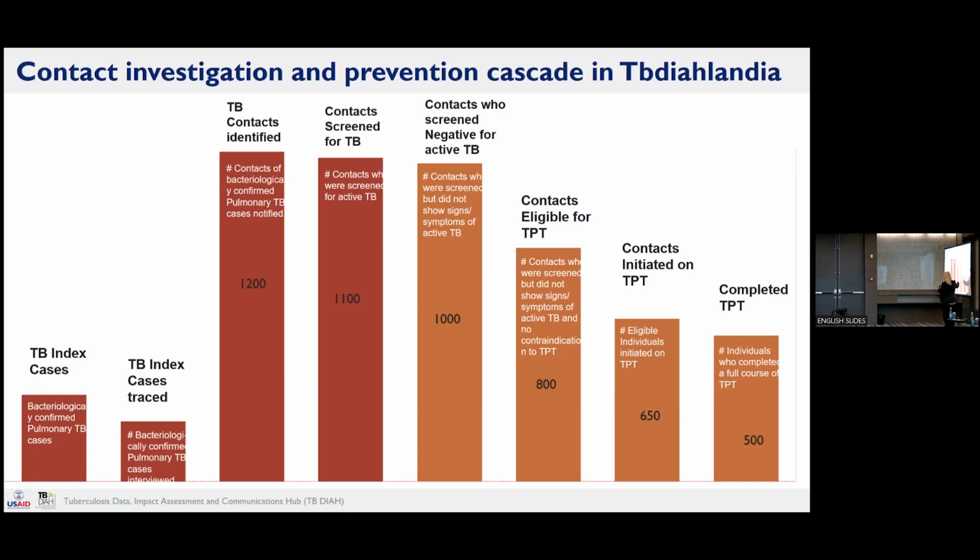So out of these 1,000 contacts without TB, 800 contacts were suggested for preventive treatment, and we talked about it, but out of them, only 650 have started, and out of the 650 who initiated, 500 completed.